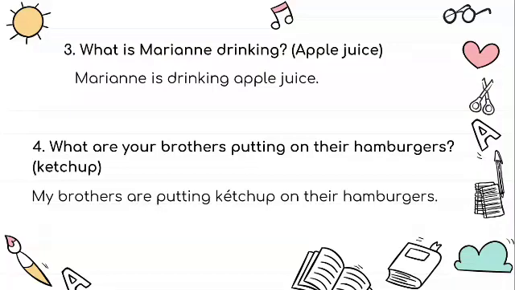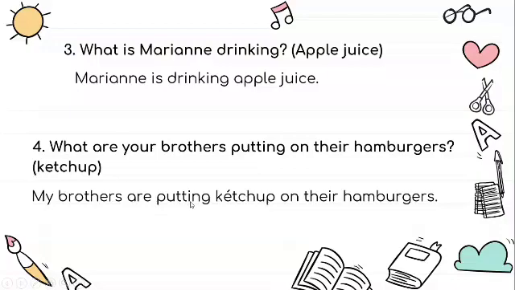Okay, my brothers, so they are the subject, are the verb to be. Si se fijan aquí no tenemos is, sino que are. Because remember that we use are for you, they, and we. So in this case, we are talking about they. Okay, so we use are. My brothers are putting ketchup on their hamburgers.